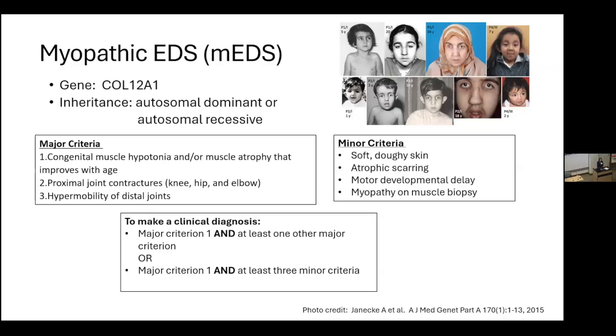And here the presentation in infancy is congenital muscle hypotonia and/or muscle atrophy, which tends to improve with age. So it's worse when the babies are born. They have proximal joint contractures involving the knees, hips, and elbows, and hypermobility of the distal joints in the hands.